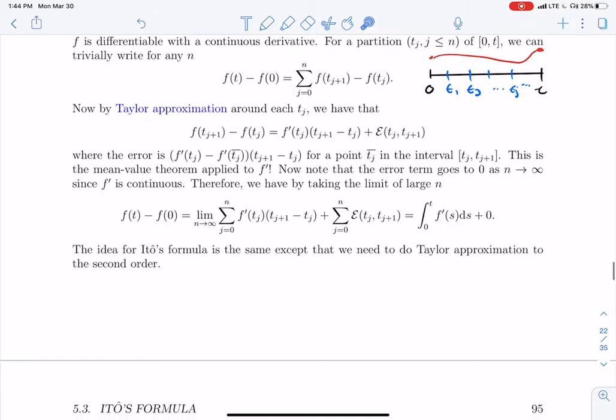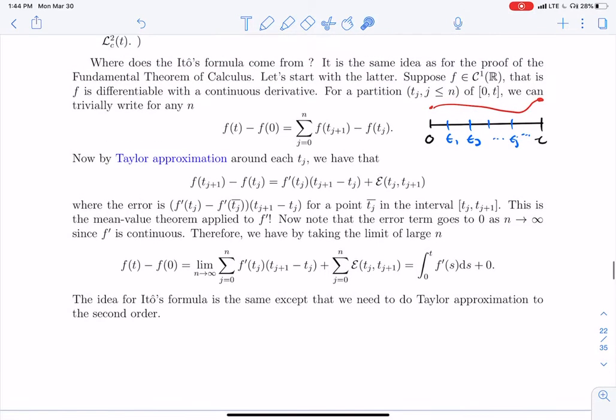So now, when you take the limit as n tends to infinity, this part tends to the integral, because this is a Riemann sum, so I get the integral of f prime.